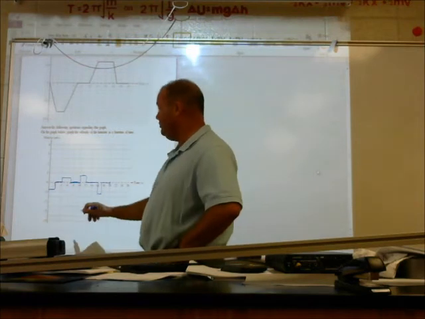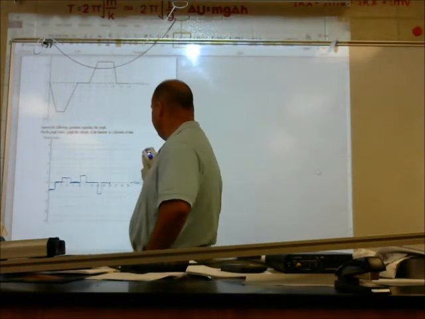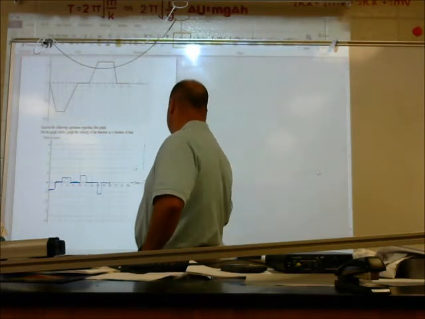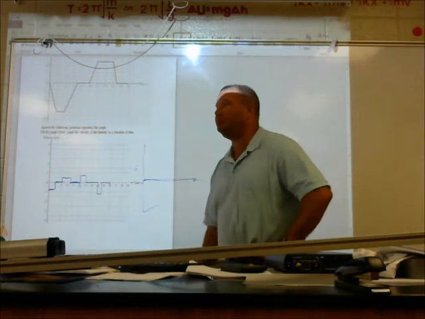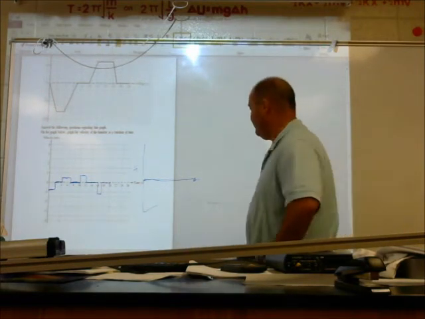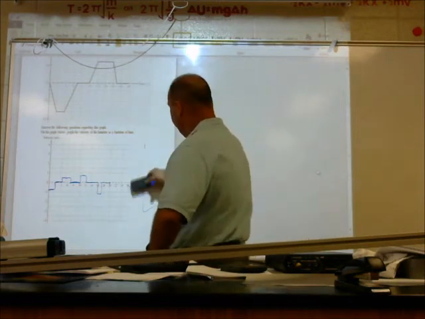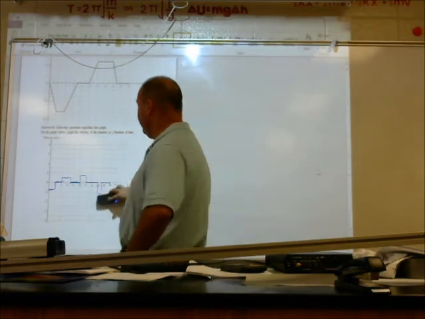So if I looked at all these points, what are my slopes there? 0. So my acceleration graph is 0. The hamster moves the same speed all the time, in this case, not getting faster or slower. Everybody good there? And that's pretty straightforward.